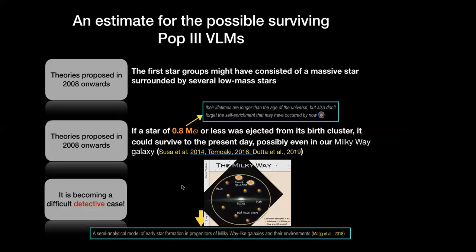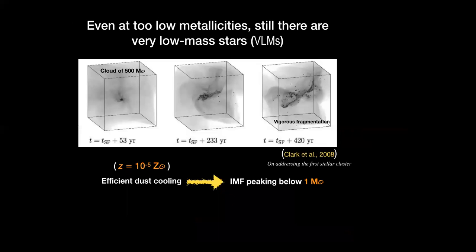So far, there is no evidence, but simulations are suggesting that it's worth trying to find these objects. So far, we have found carbon-enhanced metal-poor stars, but not the pure Pop III stars. We are still building up the background.